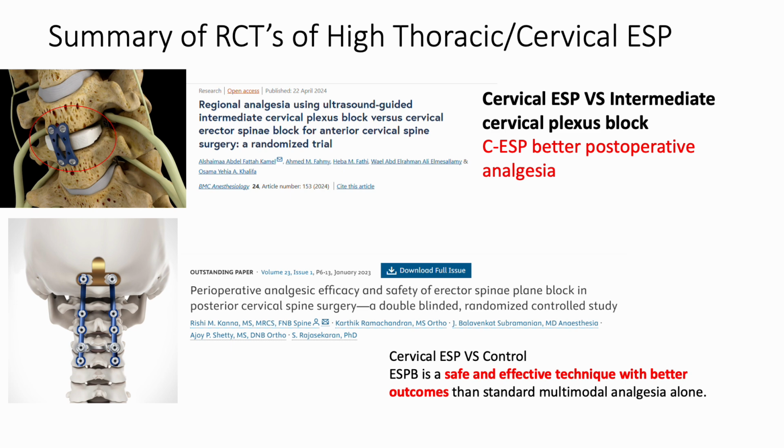Similarly, in posterior cervical spine surgery, cervical ESP versus control, cervical ESP was shown to be a safe and effective technique with better postoperative outcomes than standard multimodal analgesia alone.